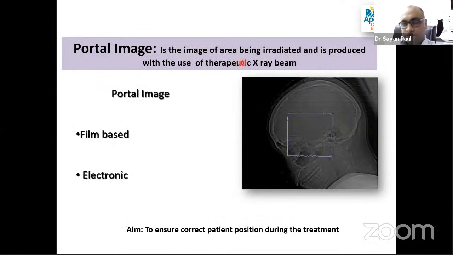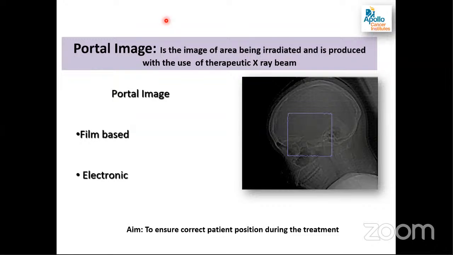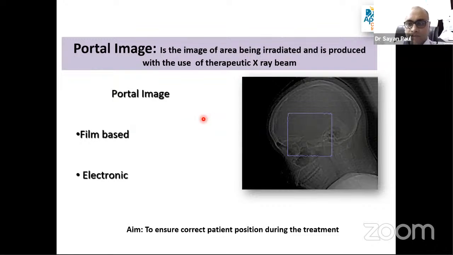So portal image first, because in Khan's book it is written like this. So what is portal image? When you take an image through the same port from which you are treating the patient. It is the image of the area being irradiated and is produced with the use of the therapeutic X-ray beam. It can be film-based or electronic.